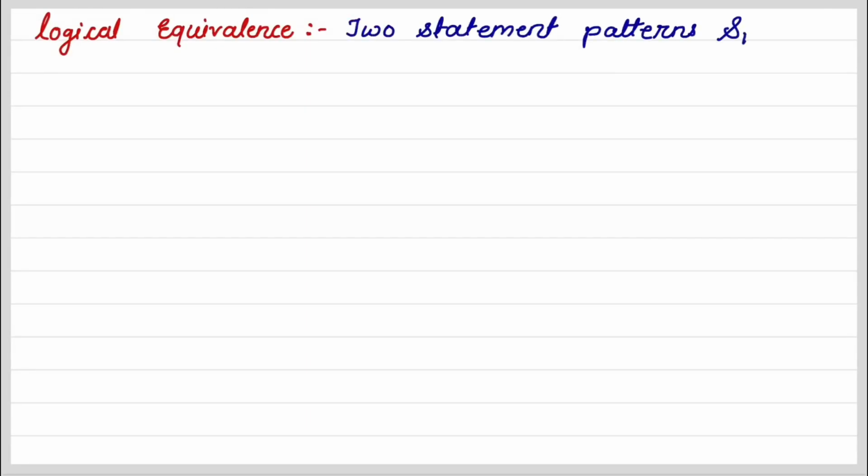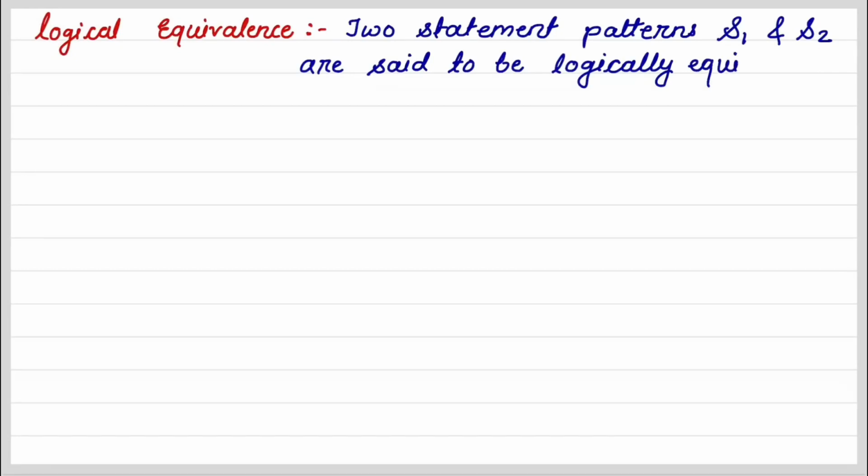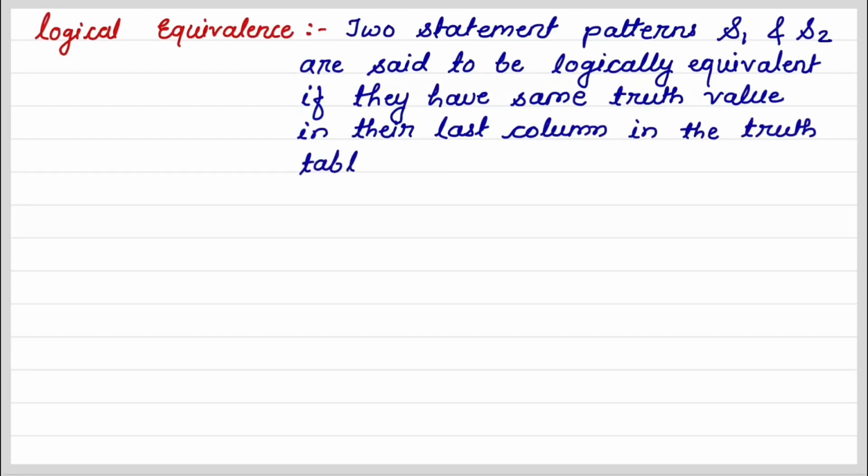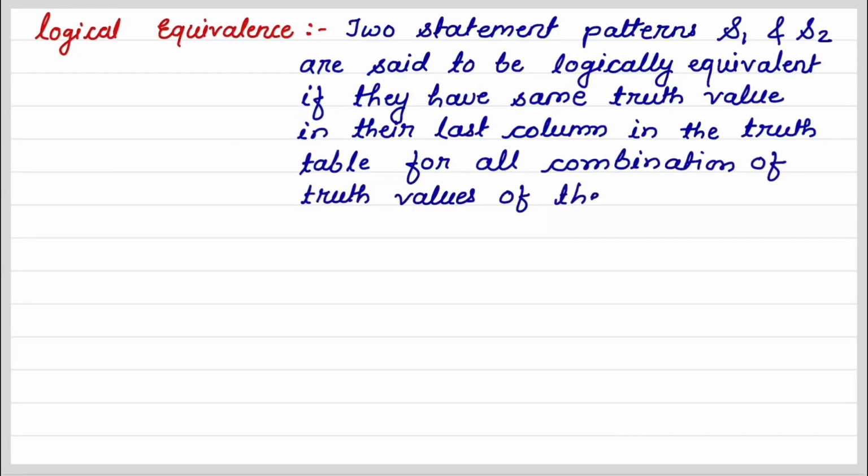Now we will see logical equivalence. 2 statement patterns S1 and S2 are said to be logically equivalent if they have same truth values in their truth tables for each combination of truth values of their components.